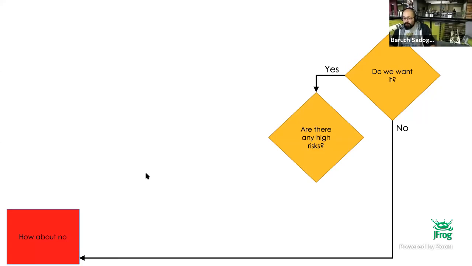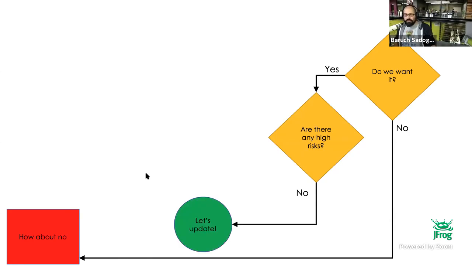But if we do want it, the next question will be, can we update it without risk? And here it really depends on the software that you update. Probably it's just a game on my phone. Why not? The worst case scenario, the game won't work. So if there are no higher risks, I'm ready to update.